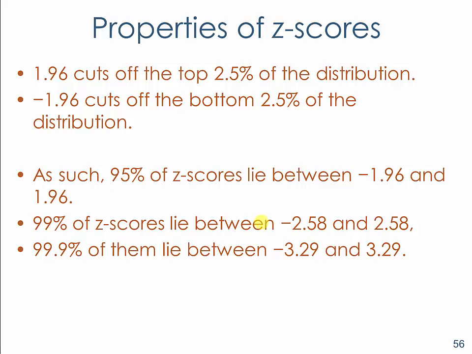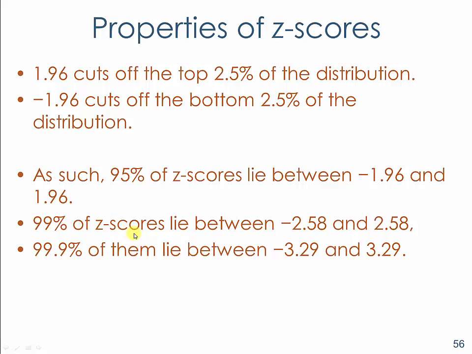And there are certain properties that you have of the z-score, and that is 1.96. A z-score of 1.96 cuts off the top 2.5% of the distribution. Negative 1.96 cuts off the bottom 2.5% of the distribution. Because of that, about 95% of the z-scores lie between negative 1.96 and positive 1.96.